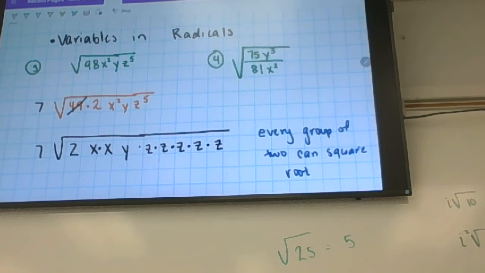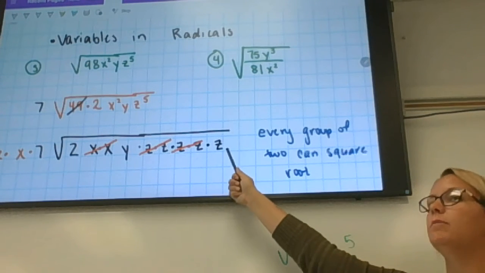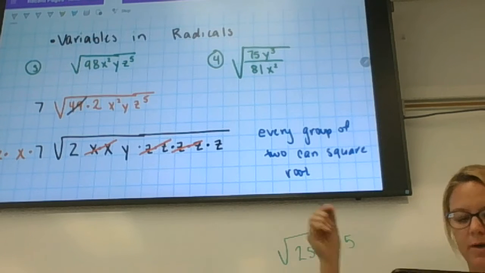So x squared I'm going to cross out and I'll bring 1 x to the outside. It's a group of 2. y can't be simplified. It doesn't have a group of 2. For z's, I got 2 here. I'll cross them out and I'll bring a z on the outside. Another 2, cross out, bring a z on the outside. So this one that doesn't have a partner is stuck under the radical bar.